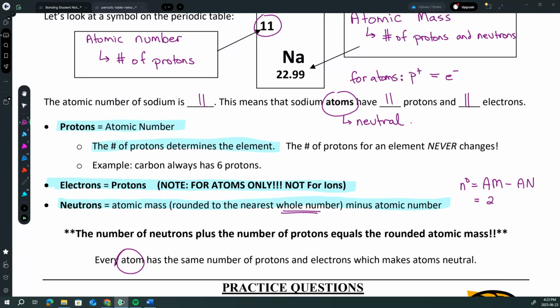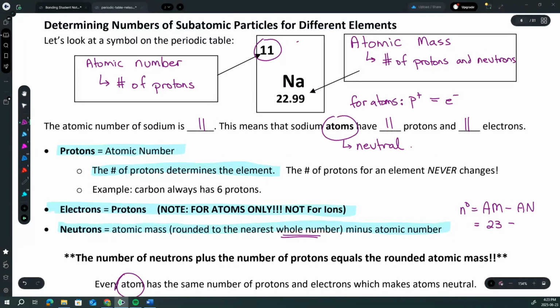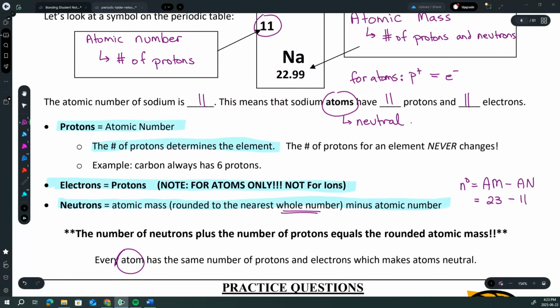That's going to be 23. We subtract the atomic number, which is 11. So then we get that sodium has 12 neutrons.